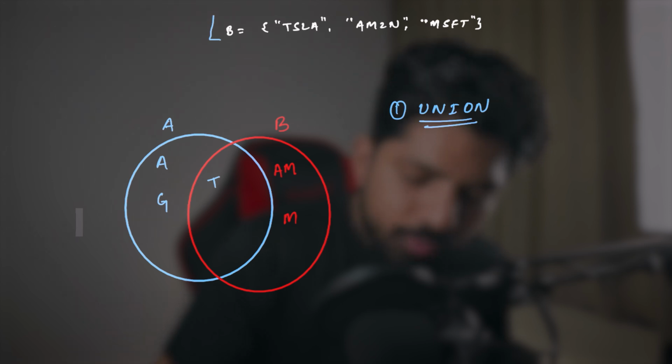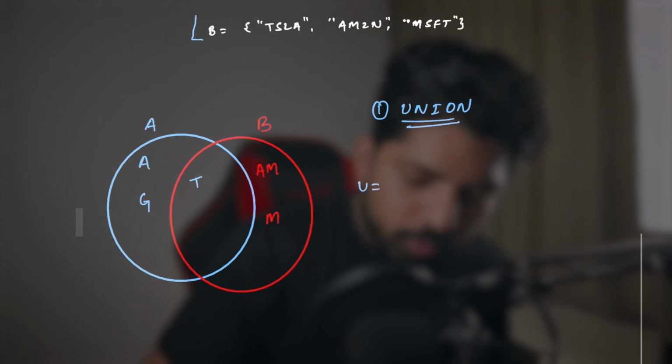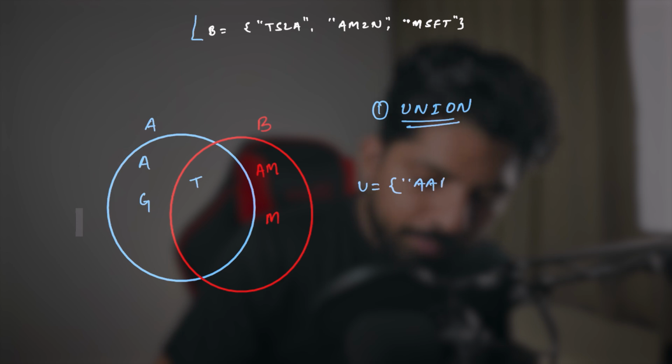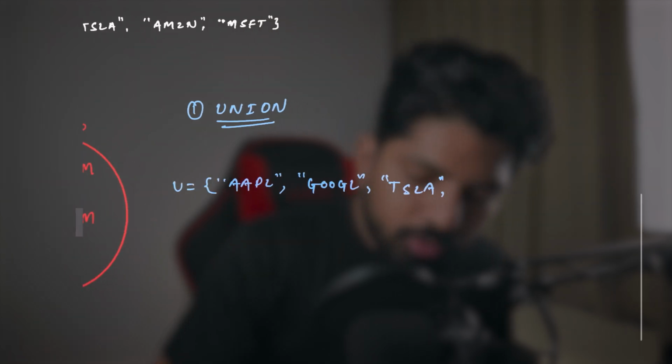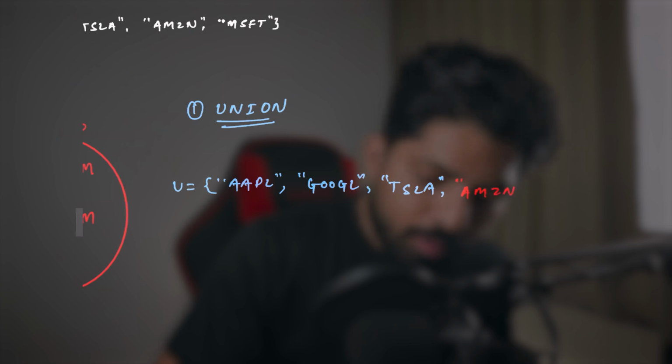I'll represent this with U equals a new set, which consists of Apple, then Google, then Tesla, then Amazon, and the last is Microsoft, right?